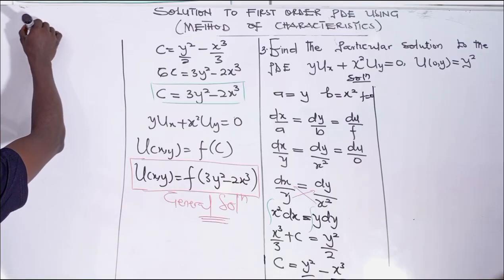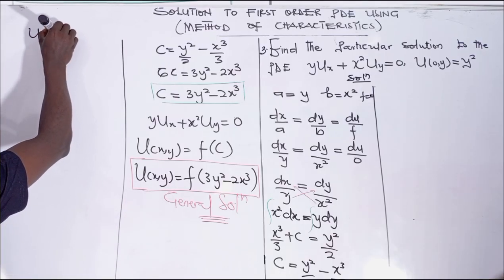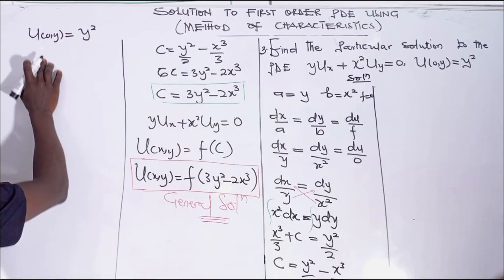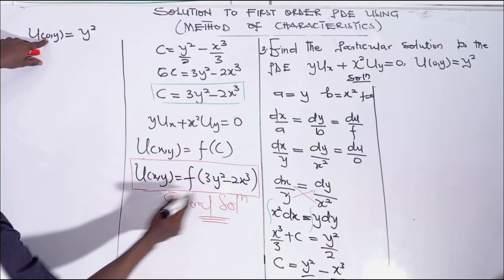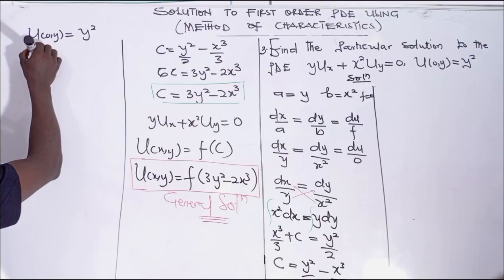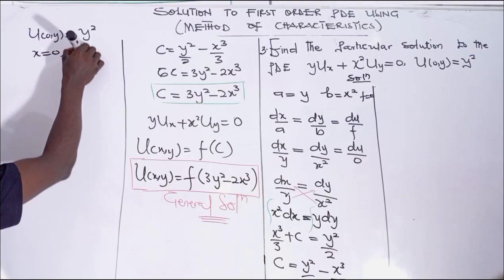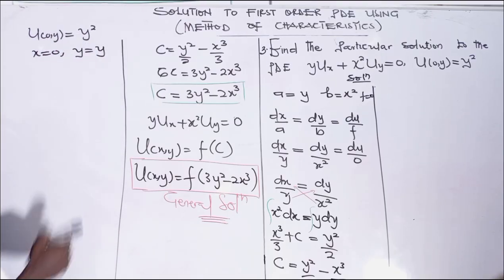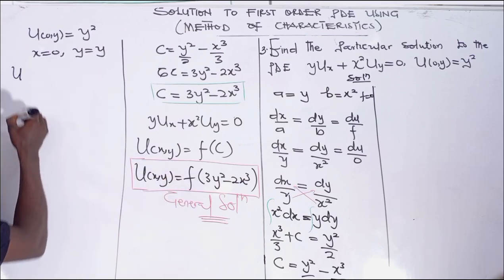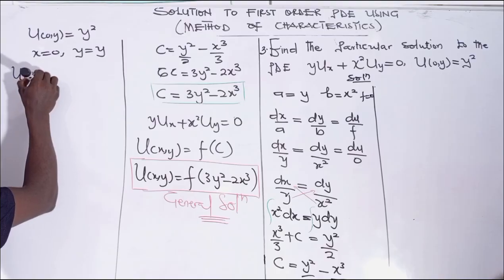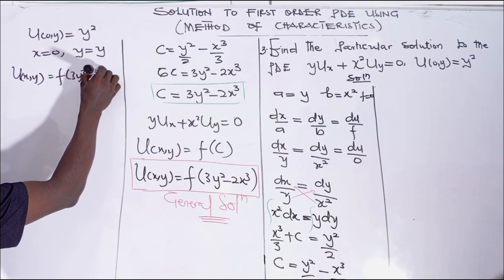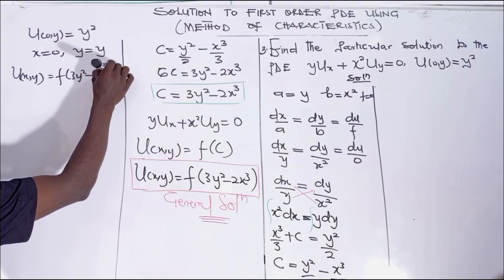So we have u of 0, y is equal to y squared. Now this means that wherever we see x in the general solution, we should plug in 0. And wherever we see y in the general solution, we plug in y. So the general solution, we had u of x, y is equal to a function of 3y squared minus 2x cubed.